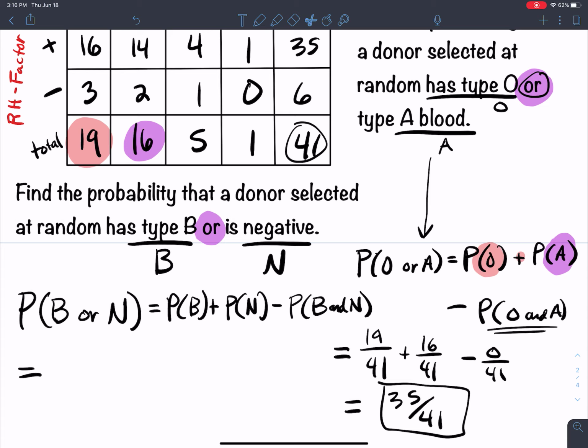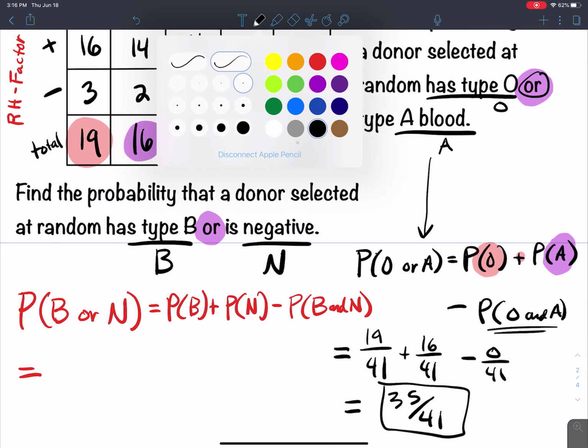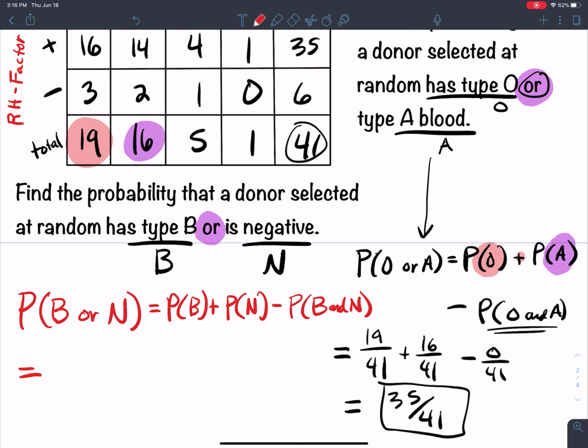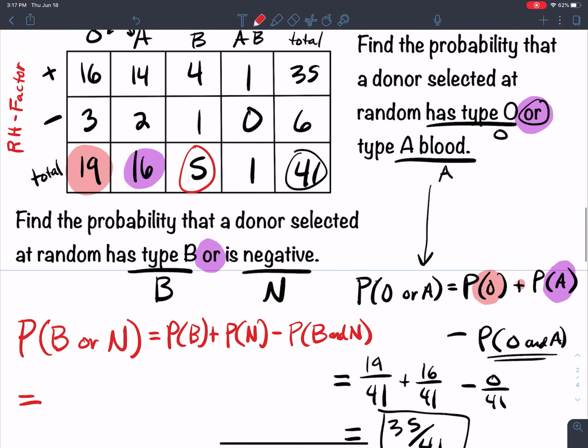So what is this equal to? So let me change this color. Type B is going to be, how many are there? There's 5, so it's 5 out of 41. Negative, how many negatives total are there?